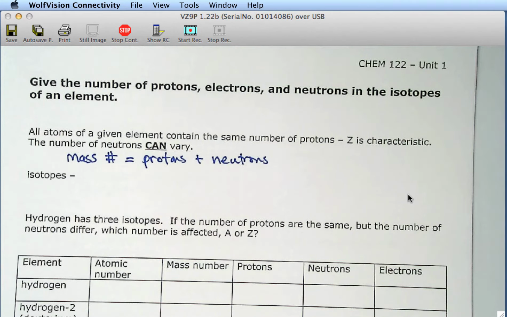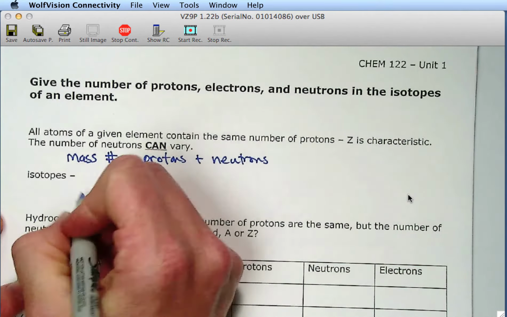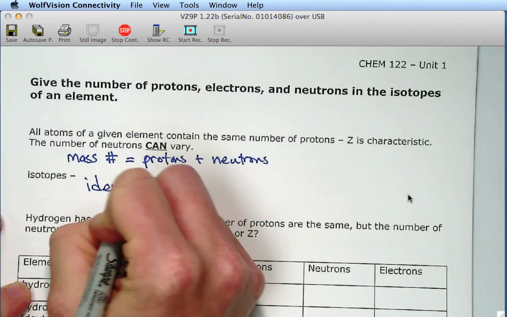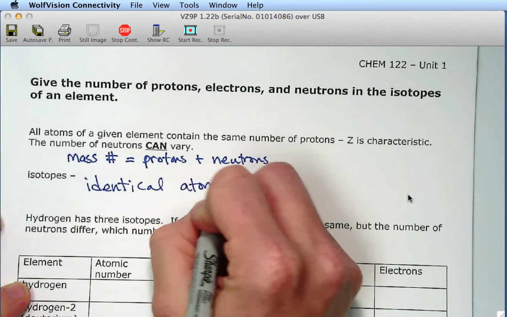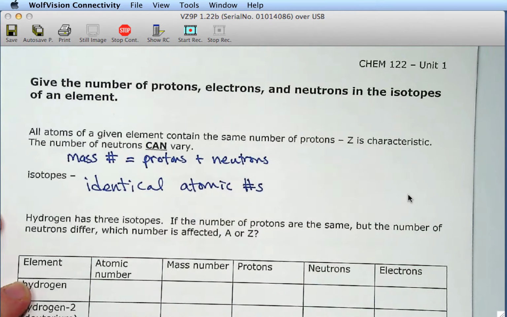So isotopes have identical atomic numbers, but they have different mass numbers.